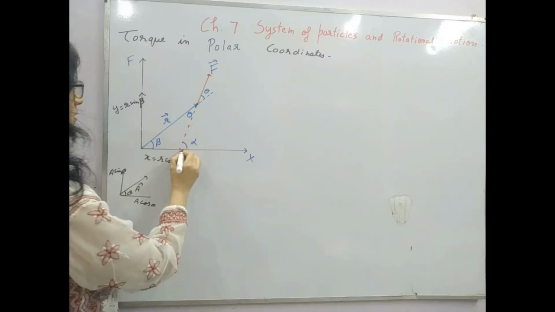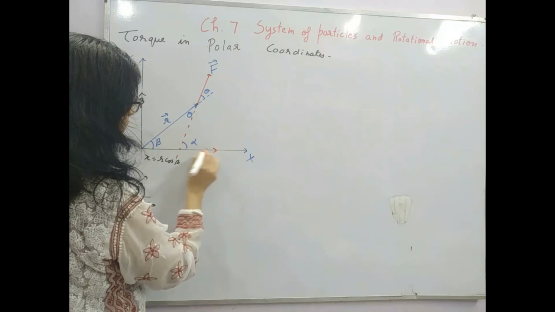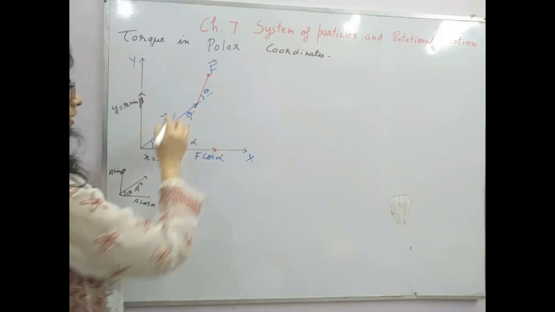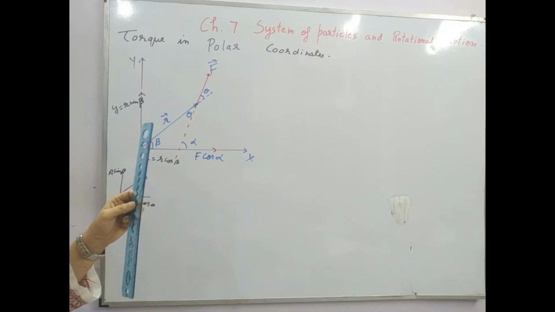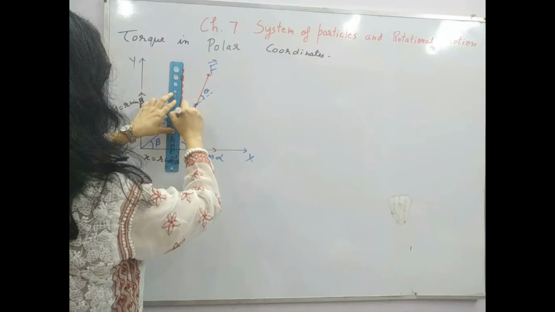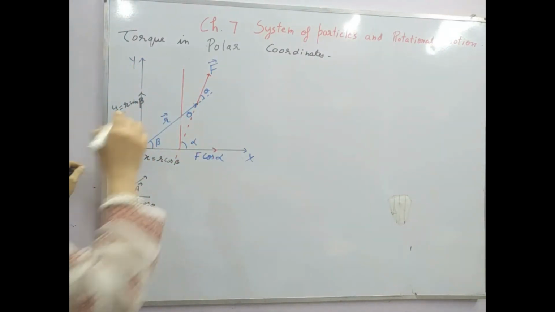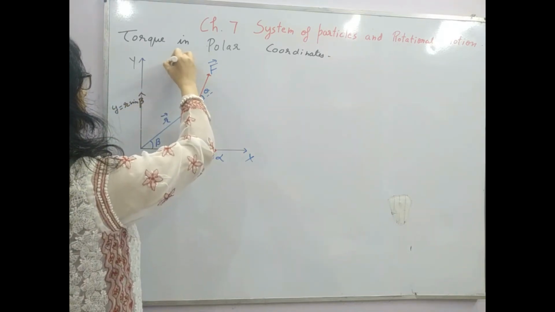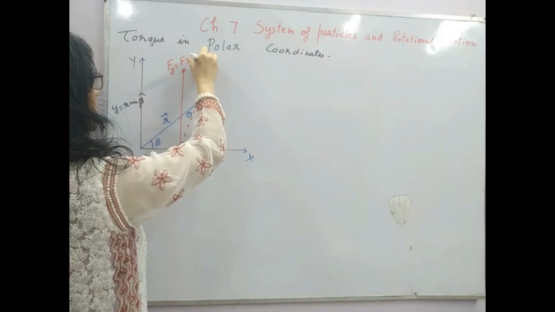From here, I can write this force components along x and y. So this force will be, this is alpha, so Fx is F cos alpha, and I can draw the perpendicular here. This will give me the perpendicular component of force. So this will be Fy is equal to F sine alpha.